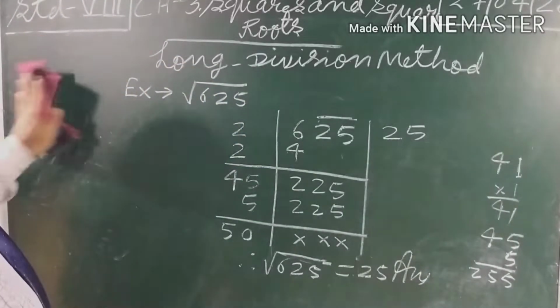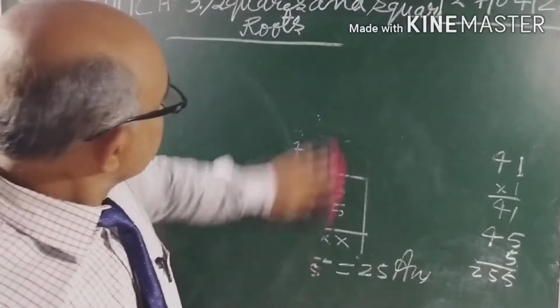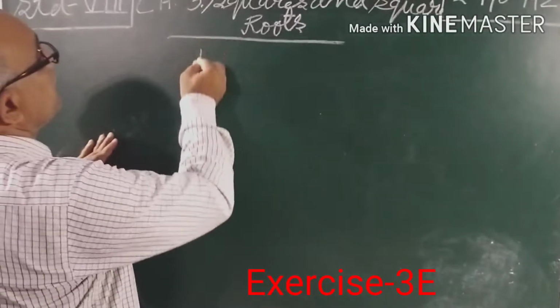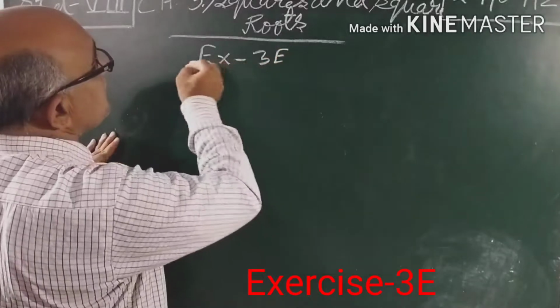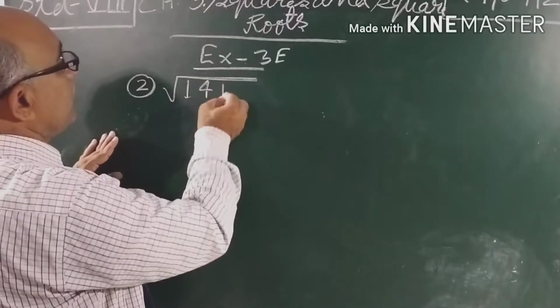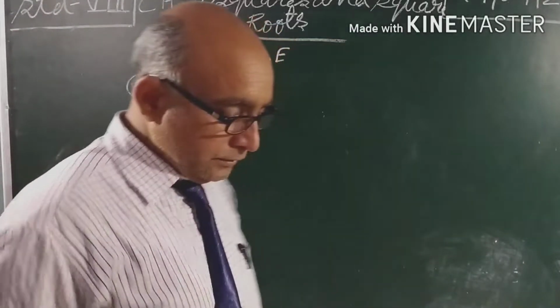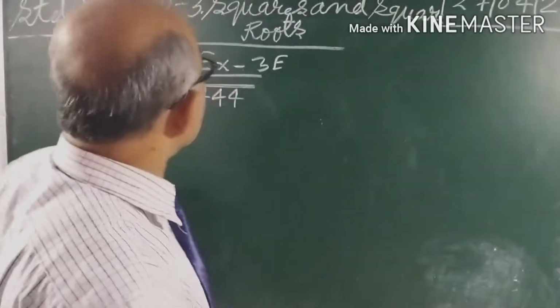Now one more example with the long division method, Exercise 3, question number 2: find the square root of 1444 by the long division method.